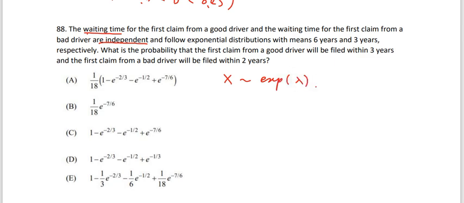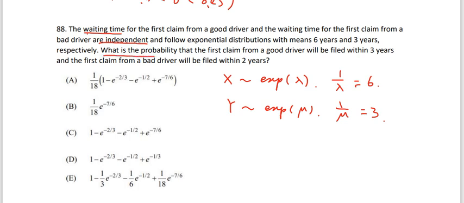The mean equals 6, so the mean is 1 over lambda, equals 6. Y is the time from the bad driver, so the mean 1 over mu equals 6. Okay, so what do we want to find?